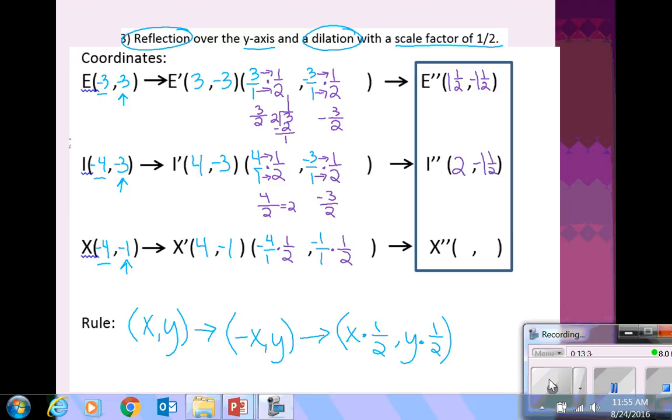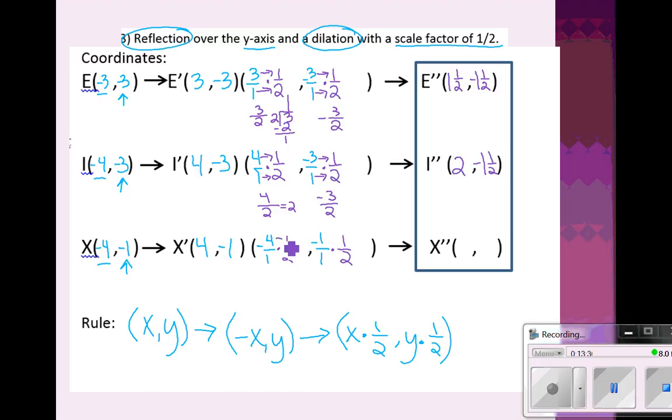And then the last one, -4 times 1 is -4. 1 times 2 is 2. That would be -2. -1 times 1 is -1. 1 times 2 is 2, so -1/2, or -0.5. So that would be the ordered pairs for our final image.